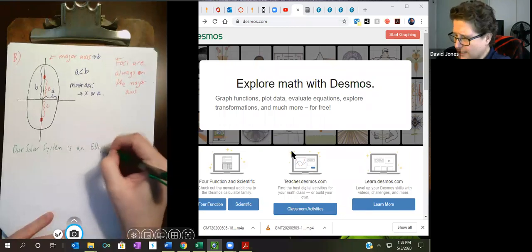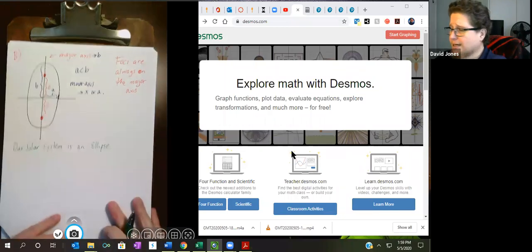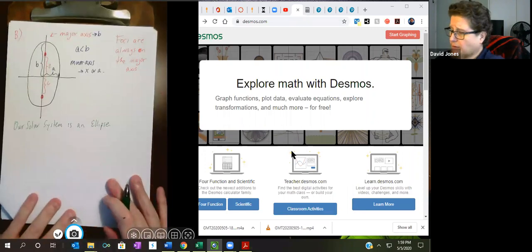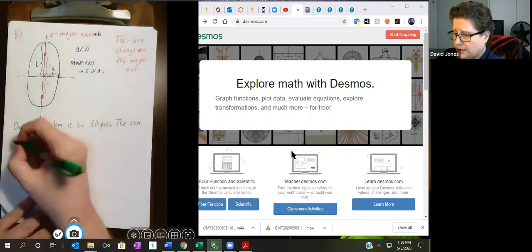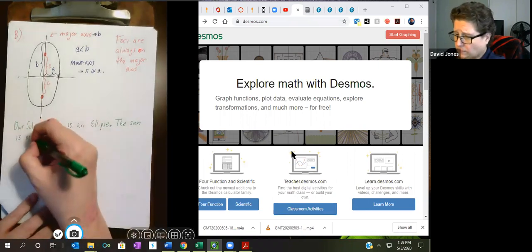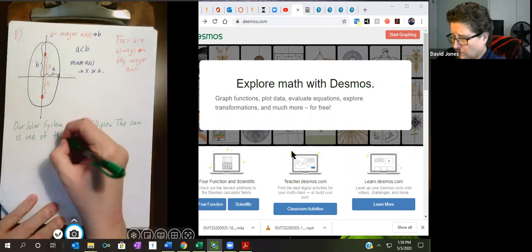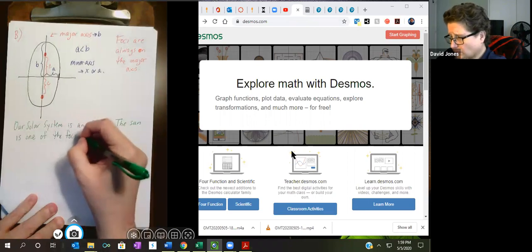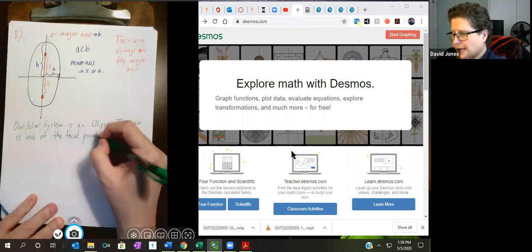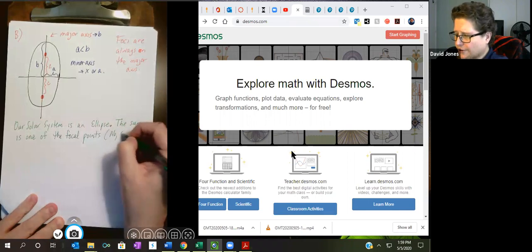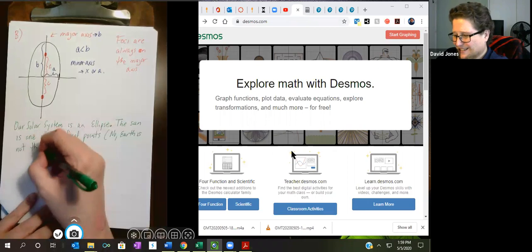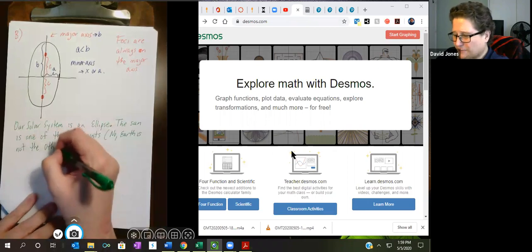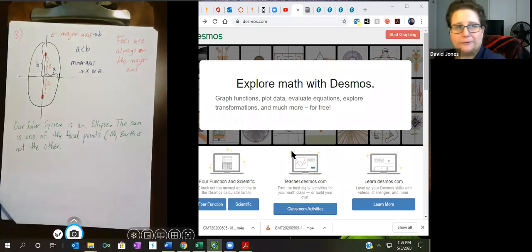And we'll see just how close the foci are to the center. The sun is one of the focal points. And no, Earth is not the other. That'd be awesome. Then we could really say the solar system revolves around us.